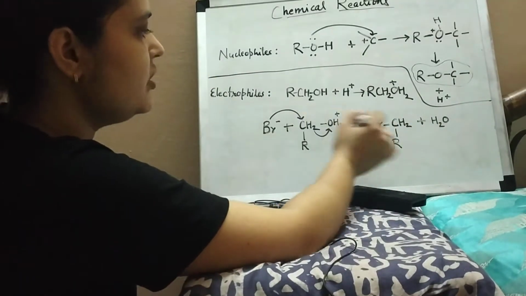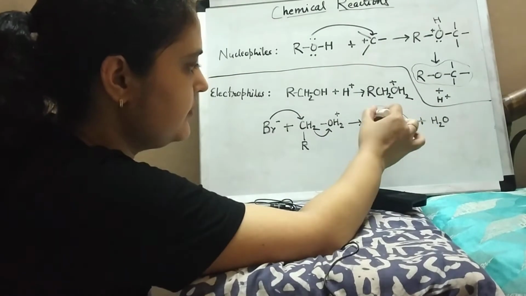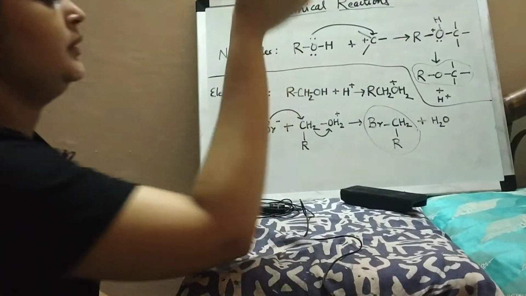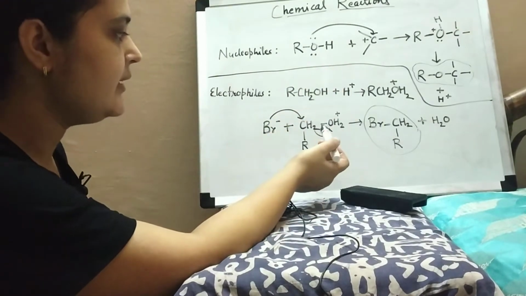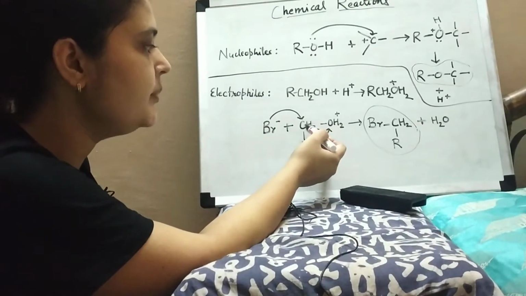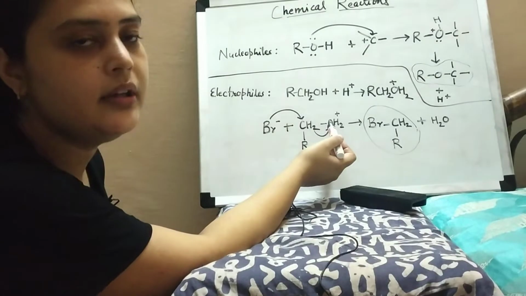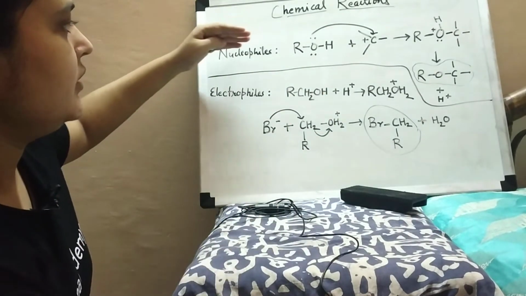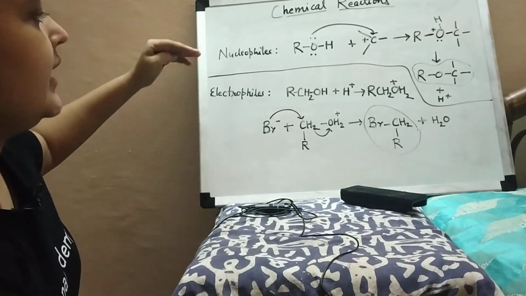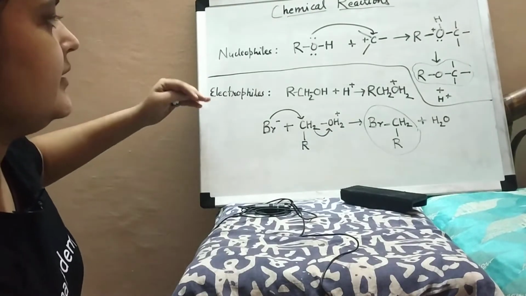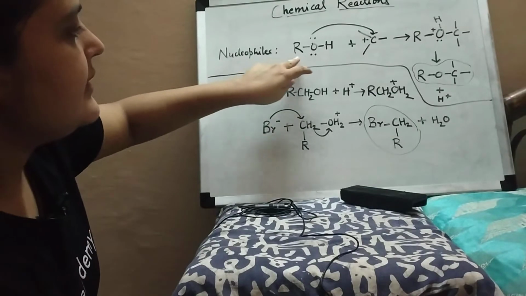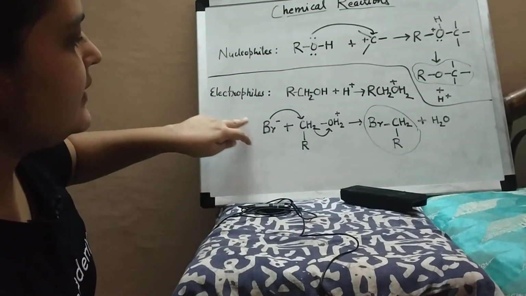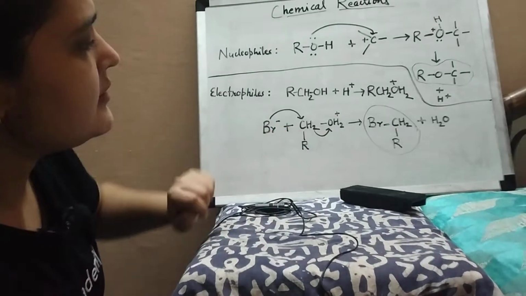The product is CH2 attached to bromine, RCH2Br. Here the carbon-oxygen bond of the alcohol is broken. So the difference between alcohol reacting as a nucleophile and as an electrophile is that in the first case the oxygen-hydrogen bond is broken, but in the second case the carbon-oxygen bond is broken.